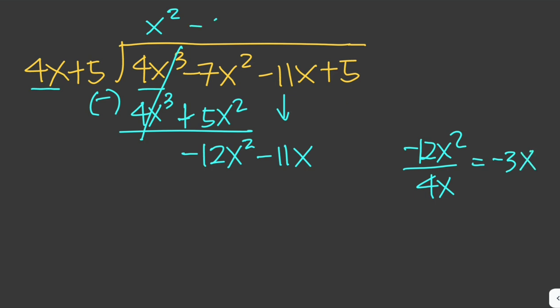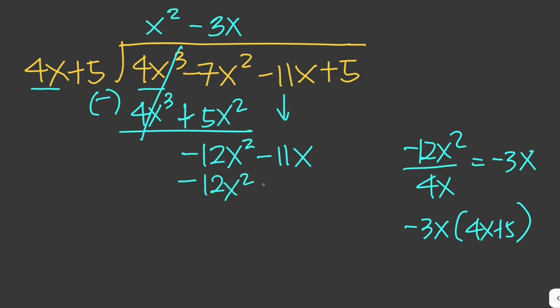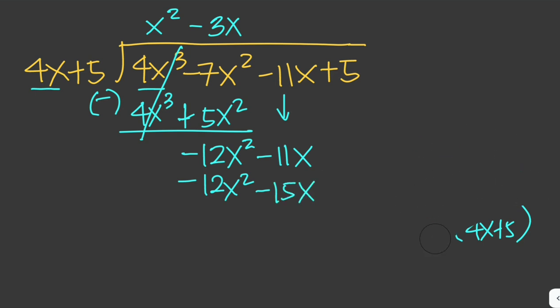So we write negative 3x here, and then we multiply negative 3x by 4x plus 5. Negative 3x times 4x is negative 12x squared. Negative 3x times 5 is negative 15x. And now we subtract. This is 0.